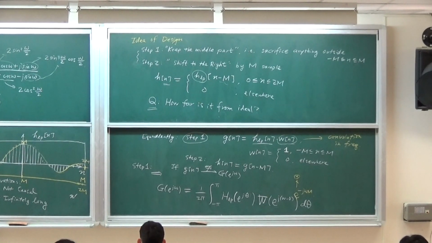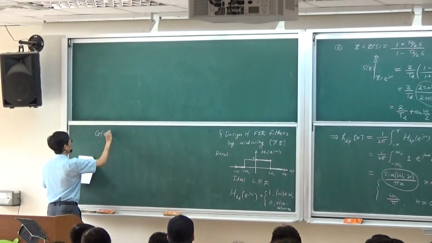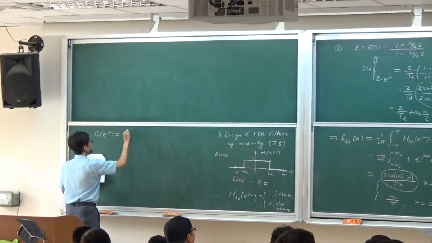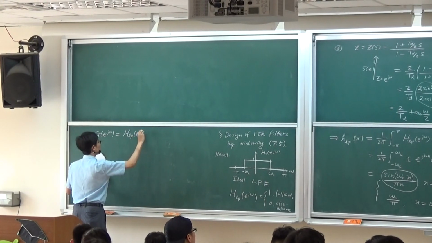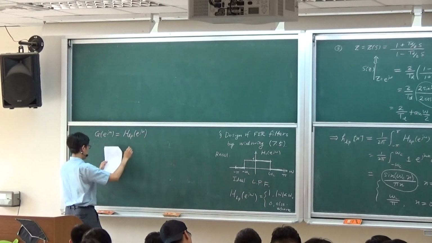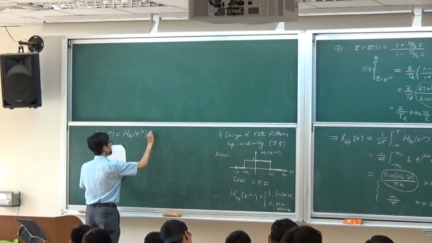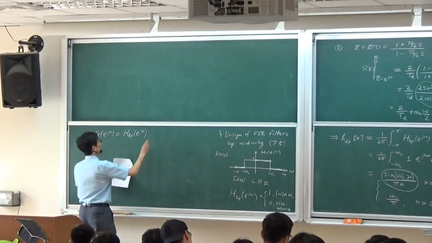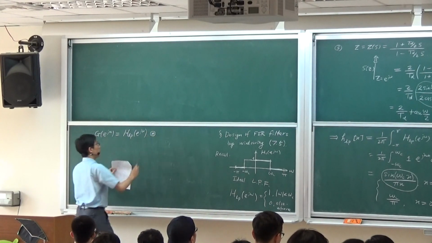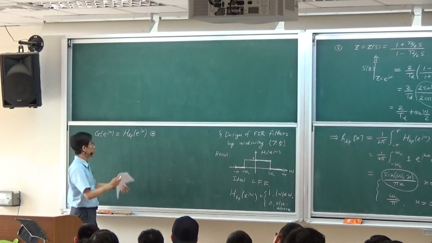Okay, so let me just copy that equation. G is going to be, let's say, low pass. So let me come up with this notation. Now, this is convolution with a circle.